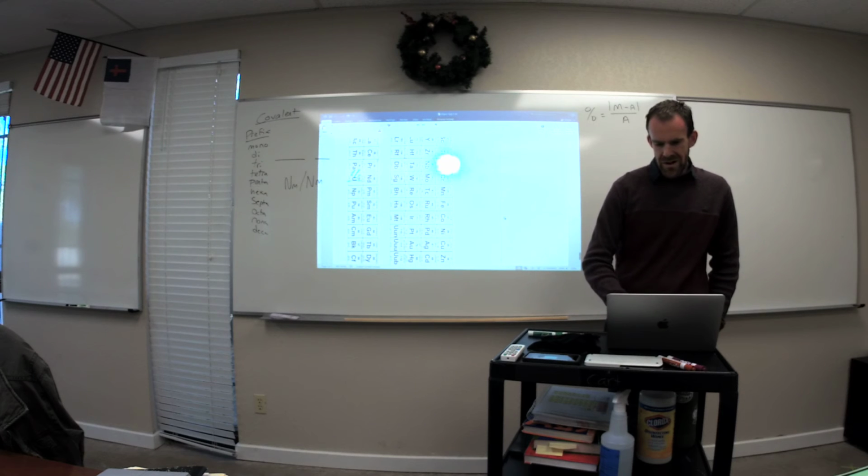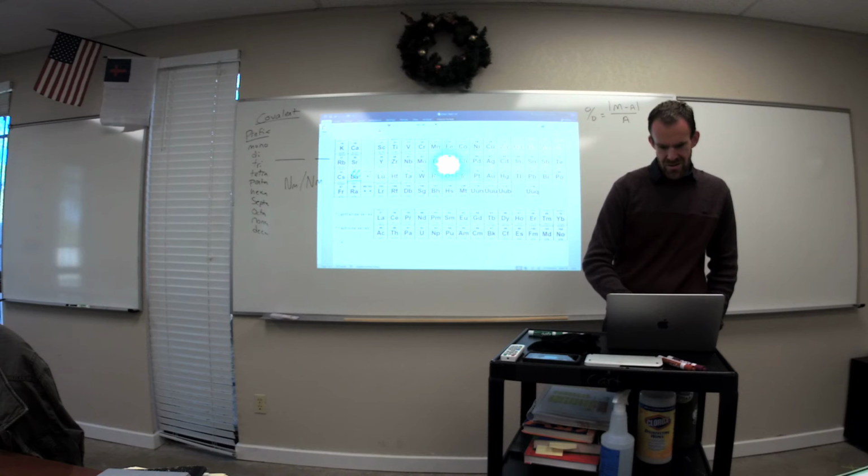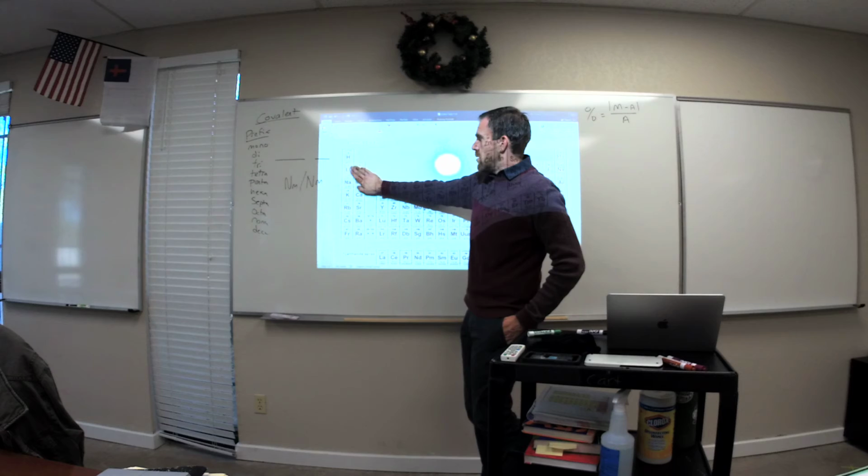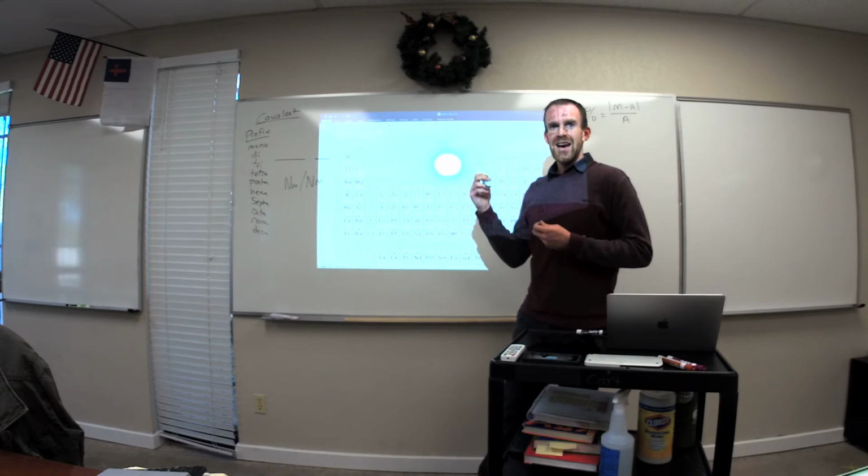Okay, number 4 is to find the electron configuration. These 2 columns represent the s orbitals.